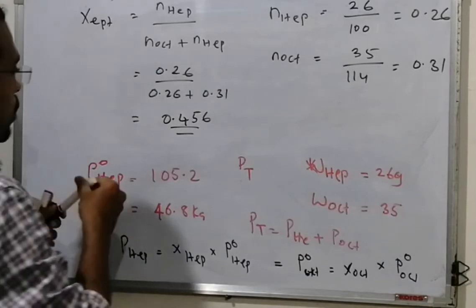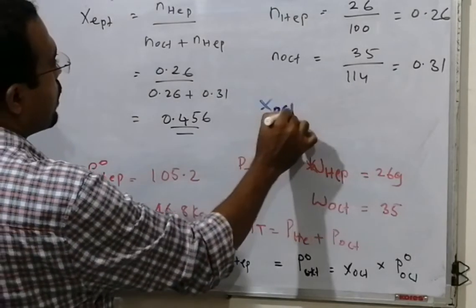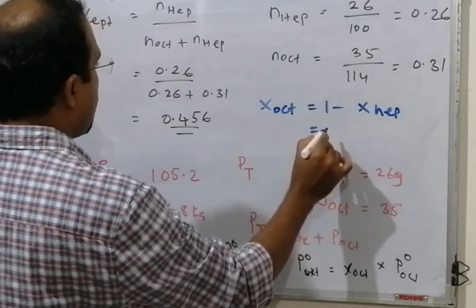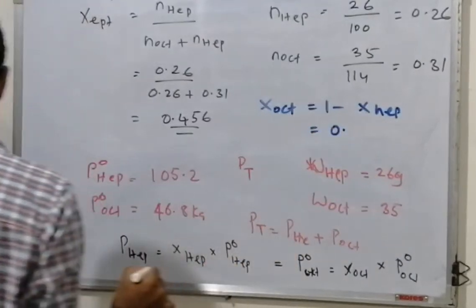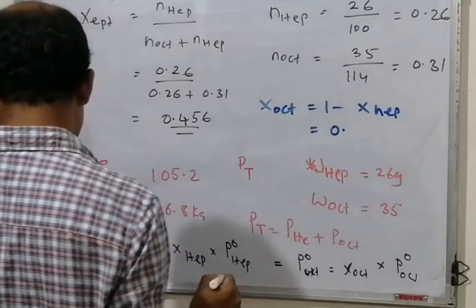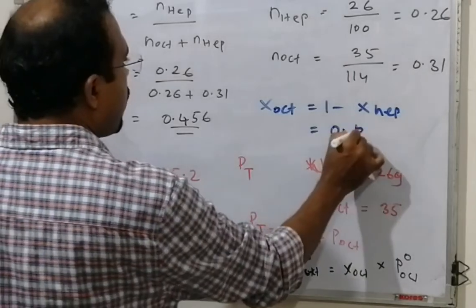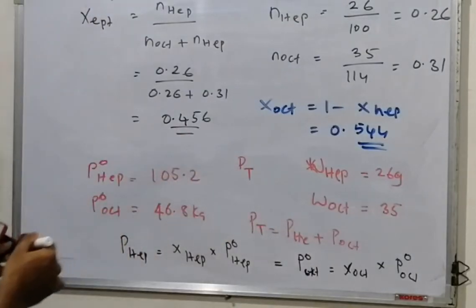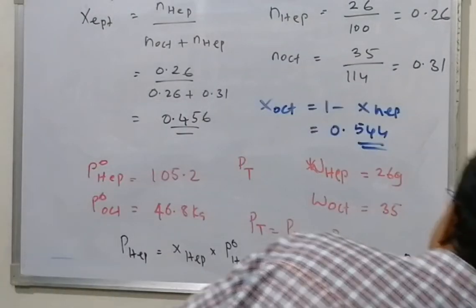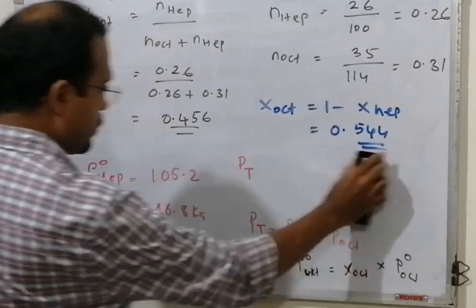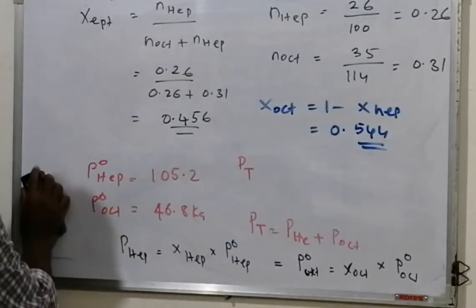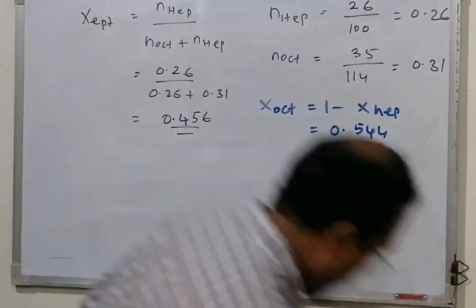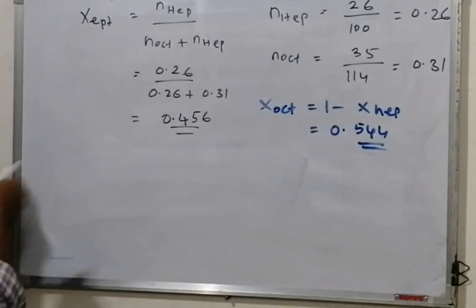The mole fraction of heptane is known. Now, the mole fraction of octane is equal to 1 minus the mole fraction of heptane, that is 0.544. Now we can calculate P heptane.